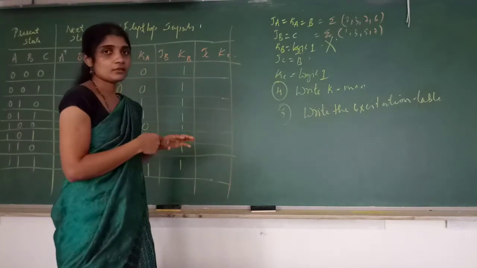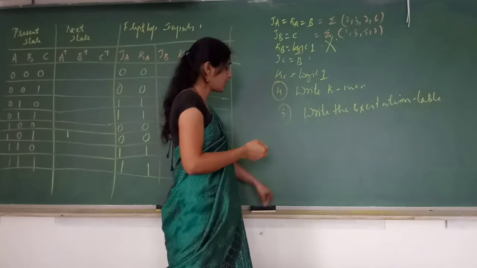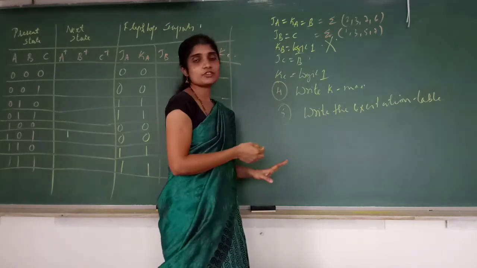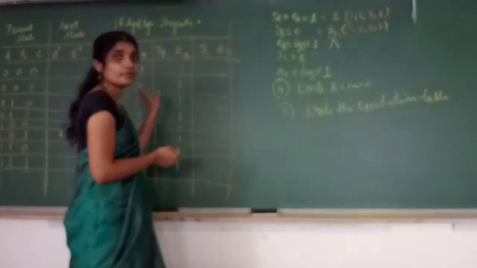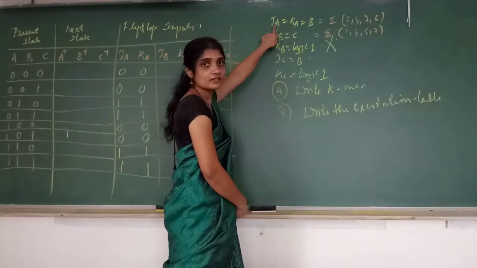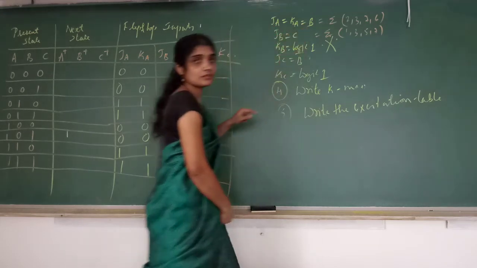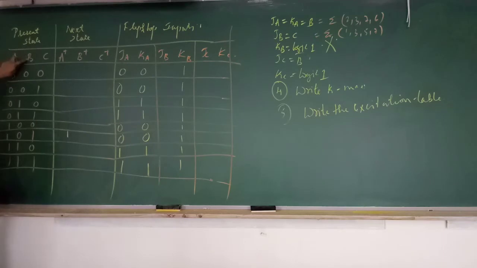That is one method. But now I am teaching you the second method. We have not written the K-map. We don't know what the min terms for JA, KA are. How to write the table? Very simple. What is the equation we have got for JA? JA is B. Look at B and fill JA.